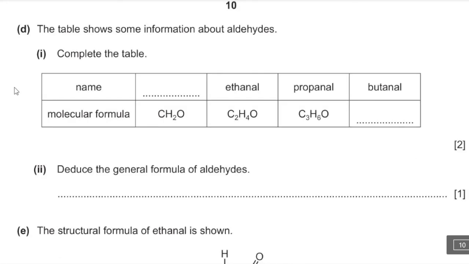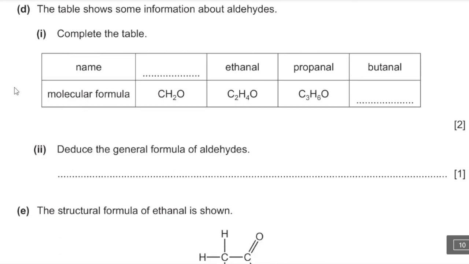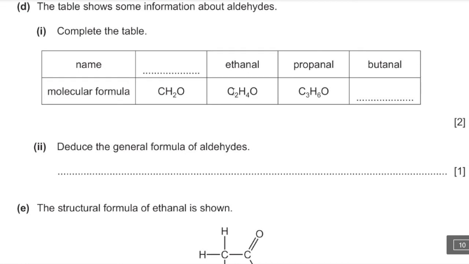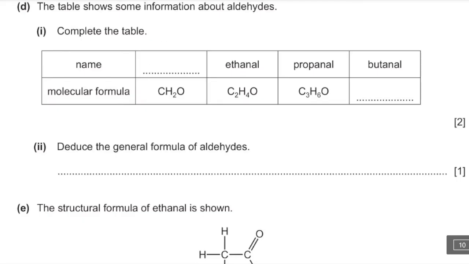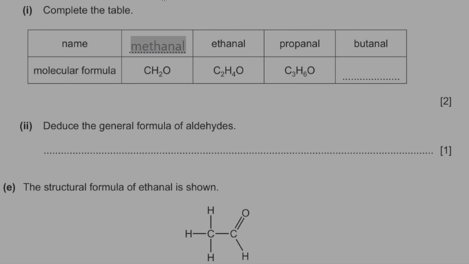2. The table shows some information about aldehydes. 1. Complete the table. Alright, so we have the molecular formula, and as you can see over here, the number of carbons is increasing chronologically, and so the first one should be methanal, since this is the single carbon compound, and the last one is the compound with 4 carbon atoms.